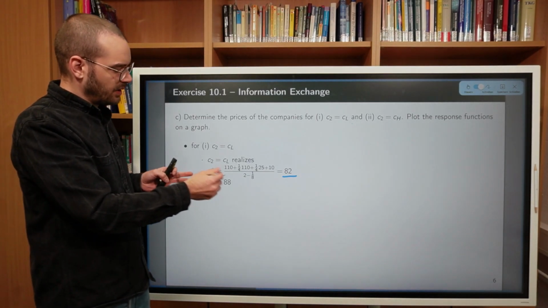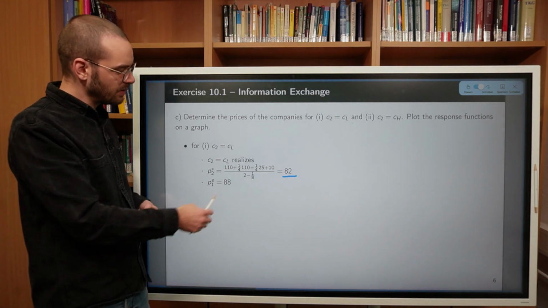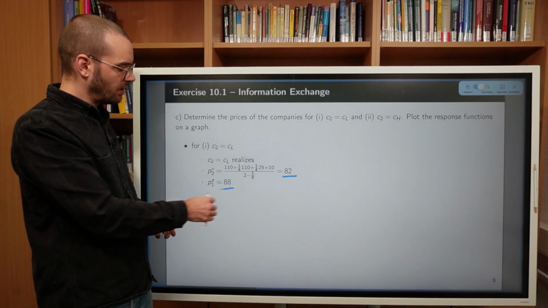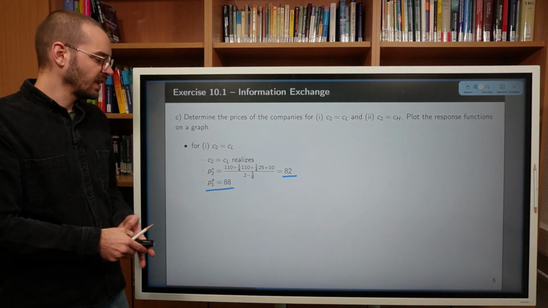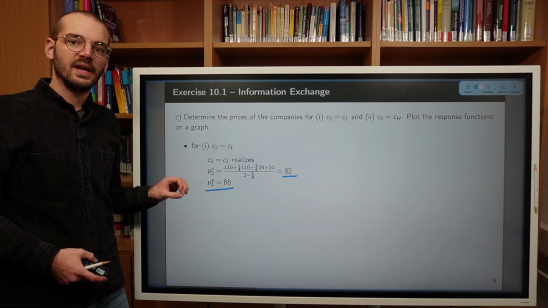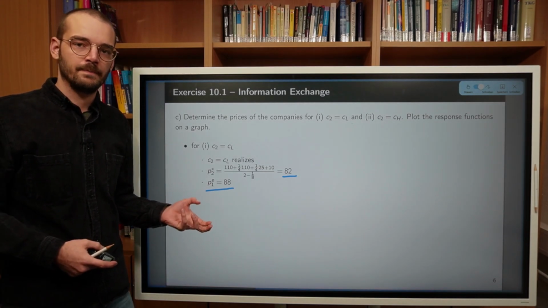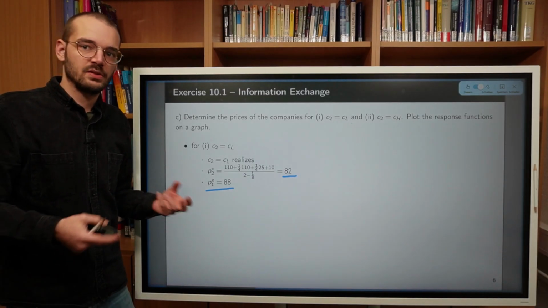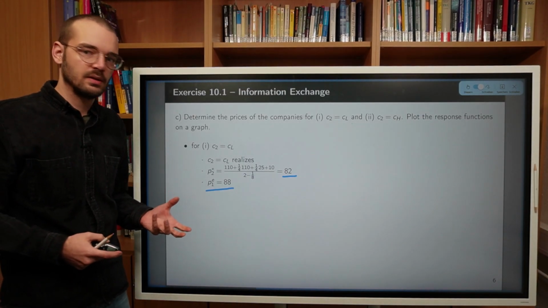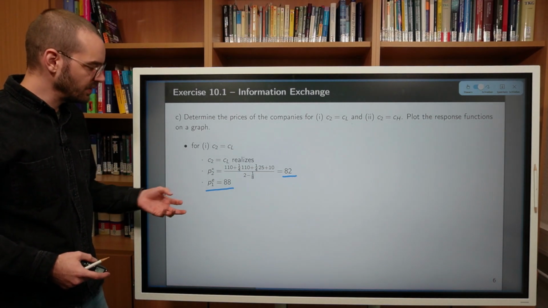This price of firm 2 comes with an expected price for firm 1 of 88. Expected in the sense that the actual price still depends on the realization of the marginal costs of firm 1, which we don't know yet. So we have to form an expectation in the exact way we discussed in the previous slides.